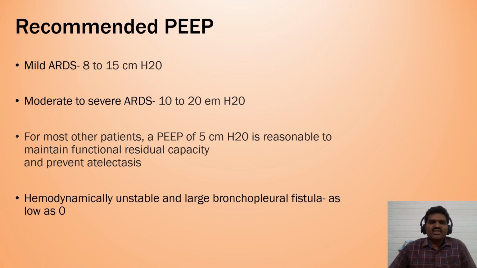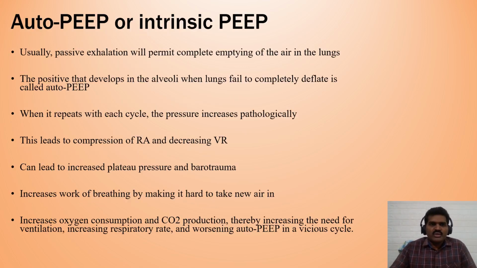In hemodynamically unstable patients and patients with a large bronchopleural fistula, a PEEP as low as 0 can be kept, but most ventilators don't allow you to decrease the PEEP below 3 or 4. So that is the lowest PEEP that you can use.